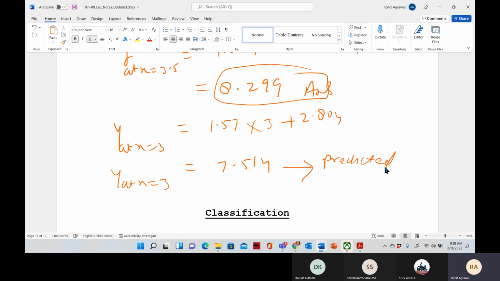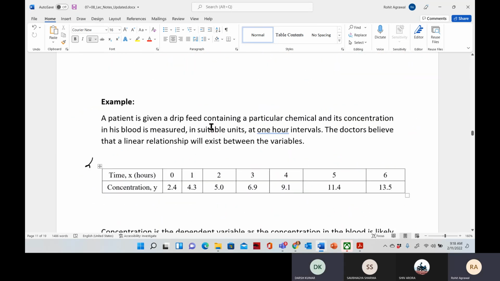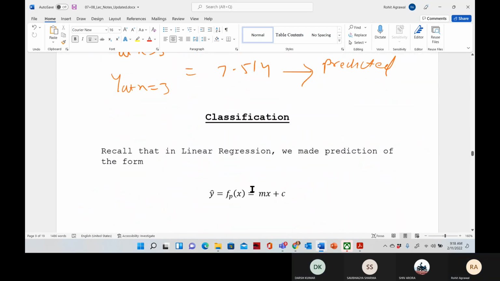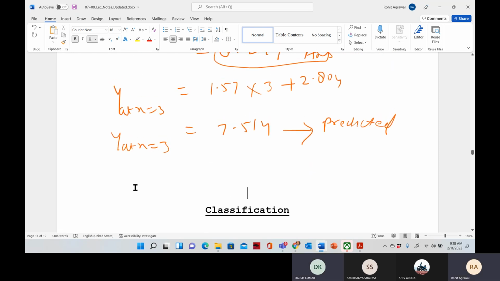And actual was at 3, 6.9. Okay, so तो सर उतना एरर हो जाएगा फिर. Yes, that was the error here. At x equals to 3, 6.9 actual. ठीक है, so that's what I want to show.